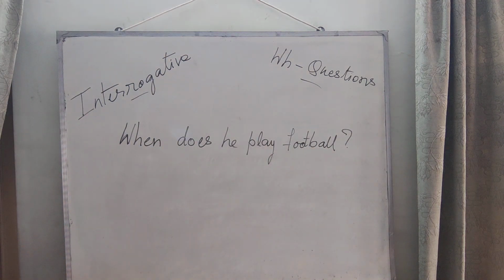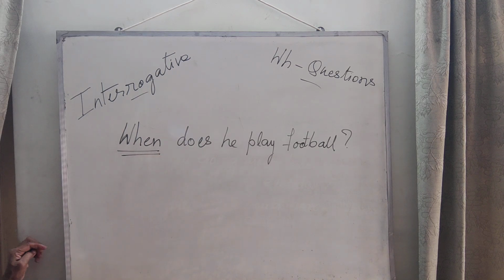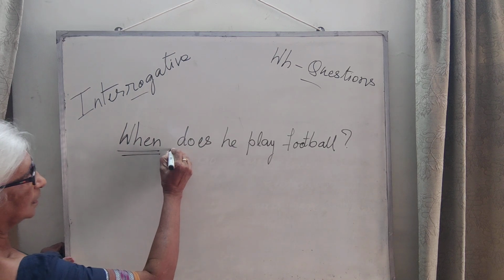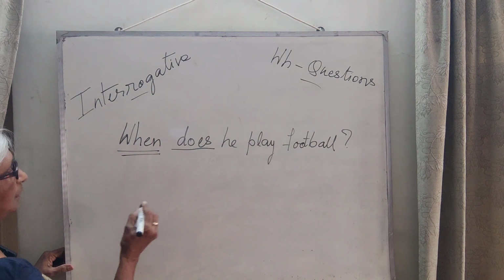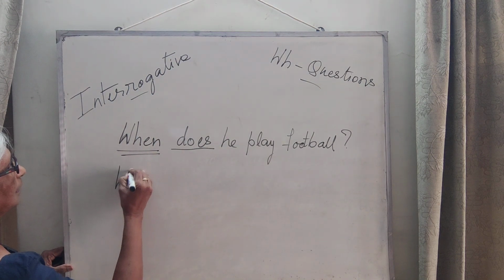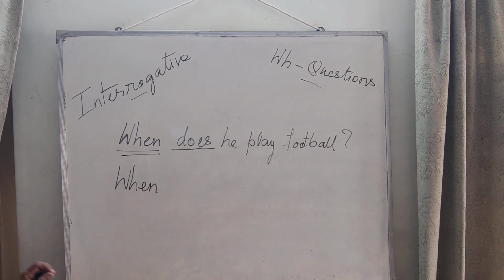Now which is the question word? When. And here it is does, the auxiliary verb. So we have to be careful that we use the question word as it is. In the WH question pattern, we have to use the question word as it is. We don't have to change it in any way as we did in the yes-no question.